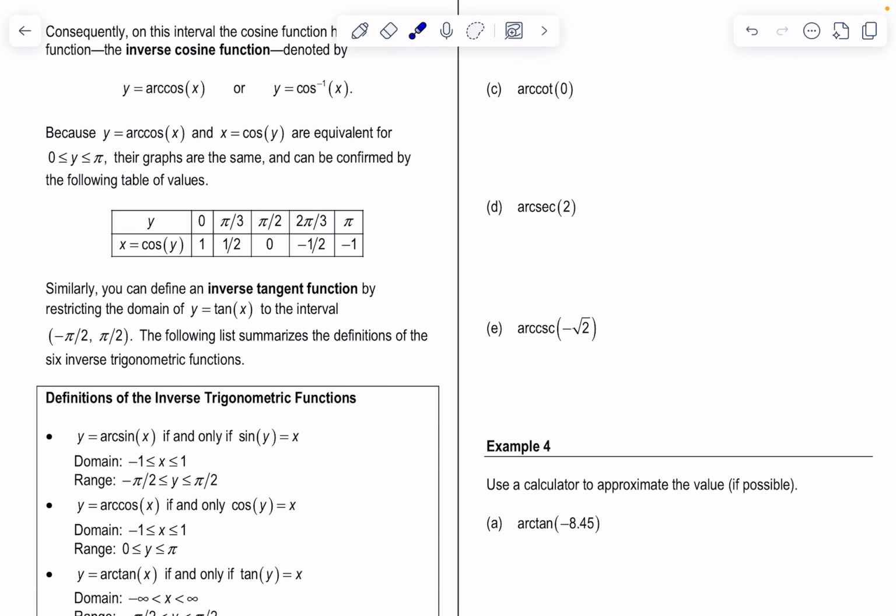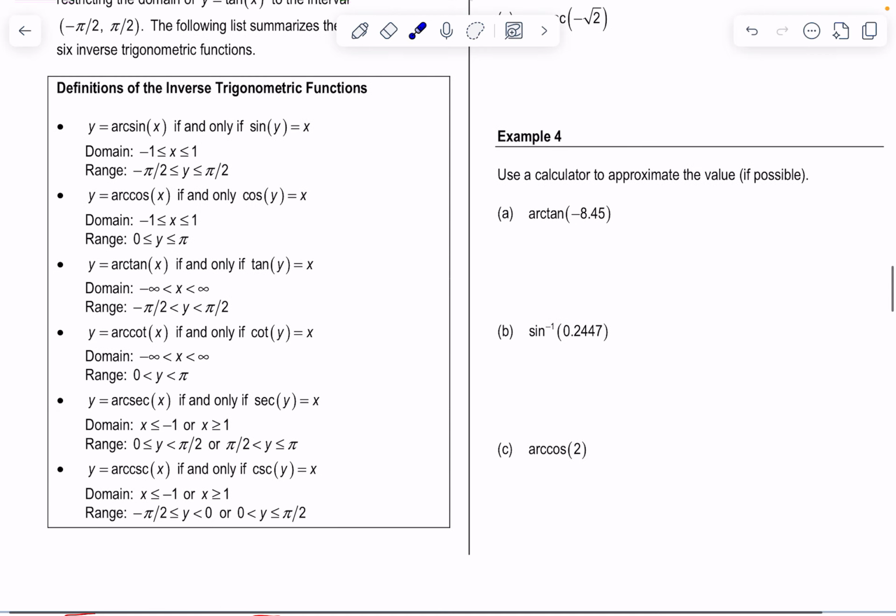So let's take a look at all of this. This is all the restrictions. For the sine function, our range is that way, negative pi over 2 to pi over 2. For the cosine function, it's from 0 to pi.